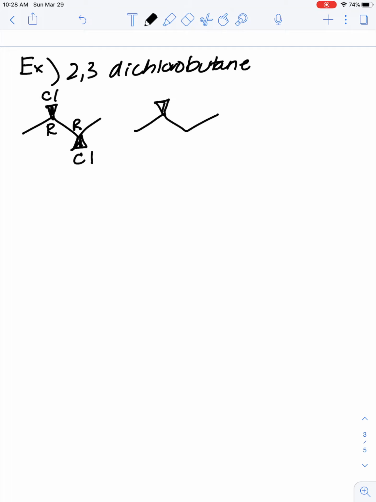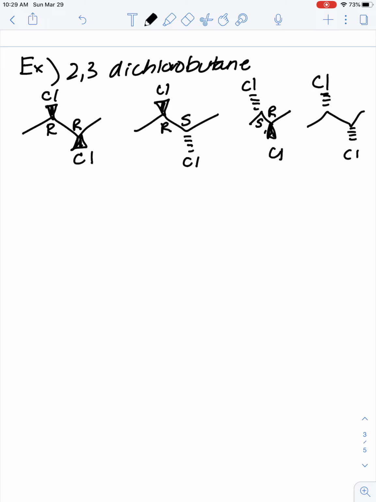You guys can go through these. Again, remember you can write the R and S right at the stereocenter. That's the most standard way that these are drawn.